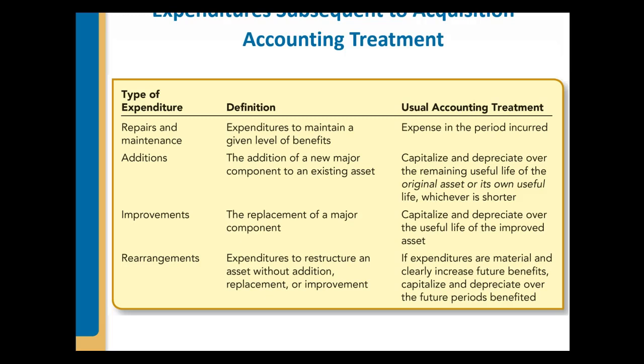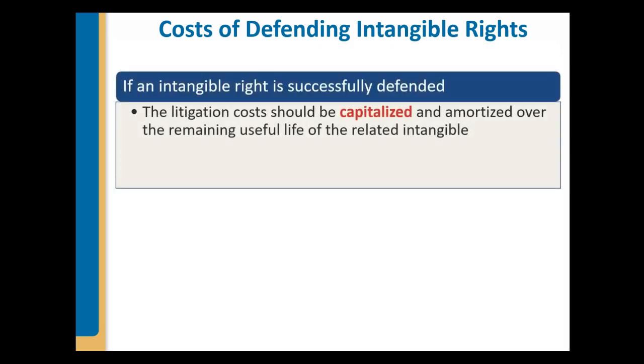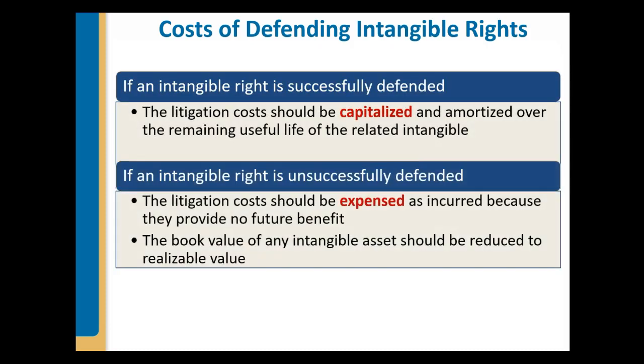If they're material and you can see that they do increase future benefits, then we do capitalize and depreciate them over the future periods that they benefit. Now, repairs, additions, improvements, and rearrangements generally relate to property, plant, and equipment.